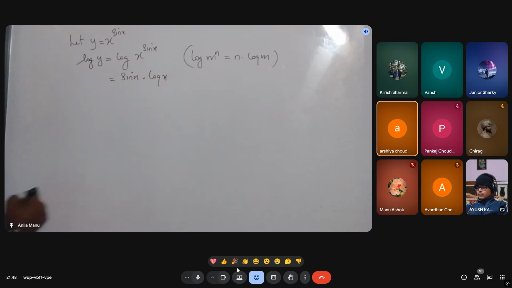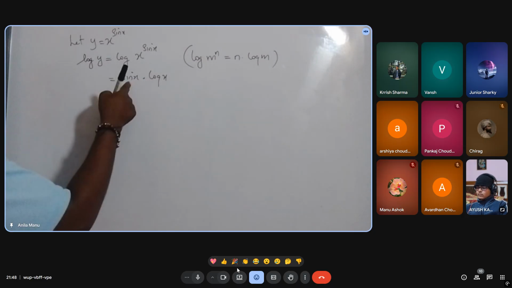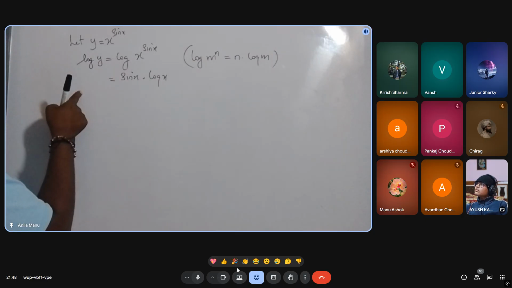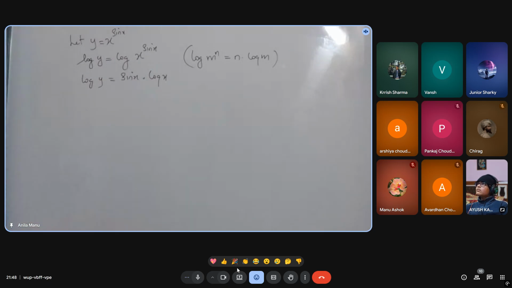See all of you, you got two different functions, distinct functions. So product of two functions, right? Now we have to find the derivative. Now it is easy. Differentiate both sides with respect to x. Next step, right? Differentiate both sides with respect to x. Is it clear?